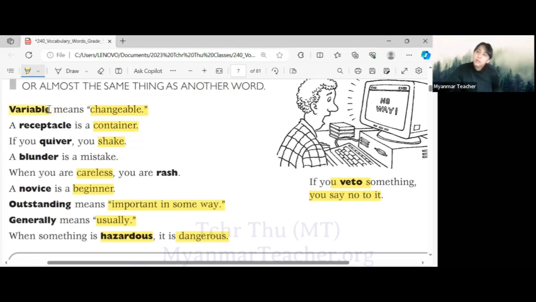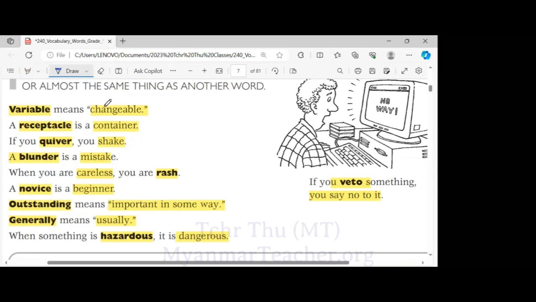Read the highlighted words. Variable, changeable. Receptacle, container. Quiver, shake. Blunder, mistake. Rash, careless. Novice, beginner. Outstanding, important in some way. Generally, usually. Hazardous, dangerous. Veto, you say no to it. Veto power. Now read it once more before we do the exercise.